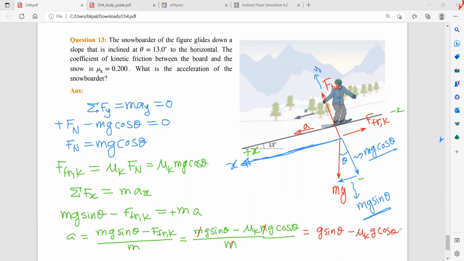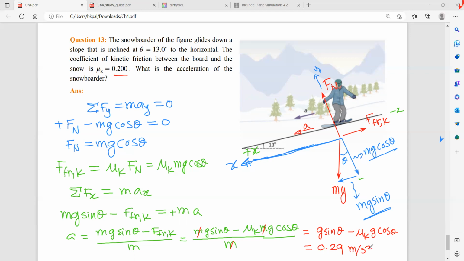You know the gravitational acceleration, you know theta is 13 degrees, and you know mu k is equal to 0.2. If you plug all these values correctly, the acceleration of this person will be equal to 0.29. So check whether you get 0.29 meters per second squared. If you get this, then you are done.